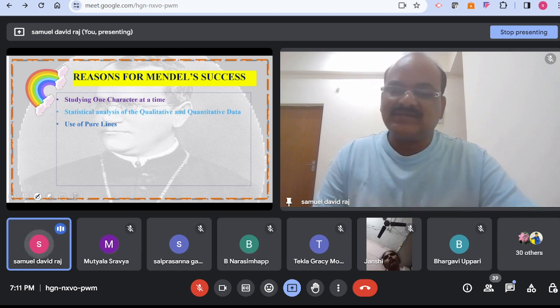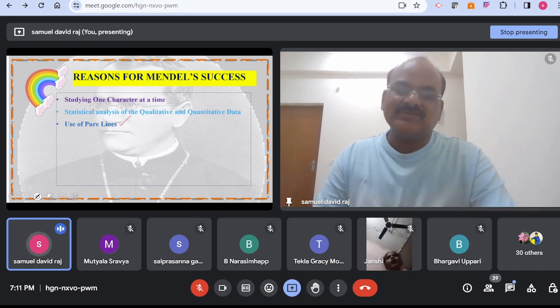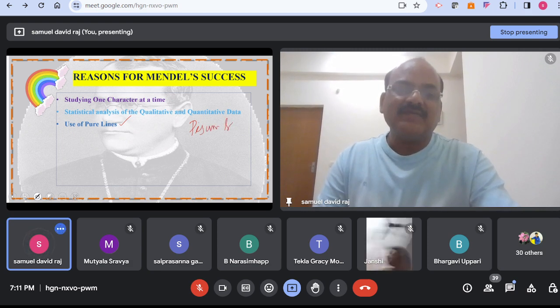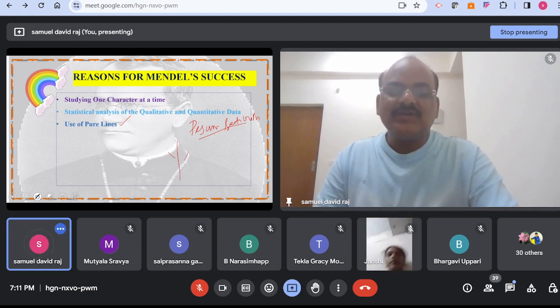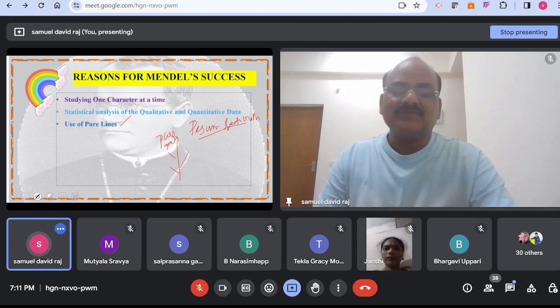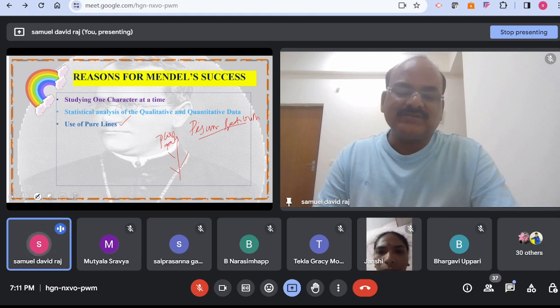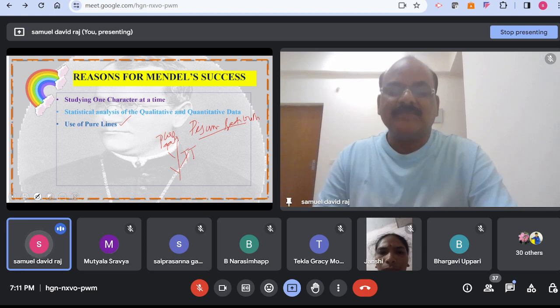And coming to the third reason is use of pure lines. So Pisum sativum, okay, he employed what we call self-pollination technique to get only pure line. So when we say this is pure tall or pure purple, what is meant by this? It has both the genes for tallness only.